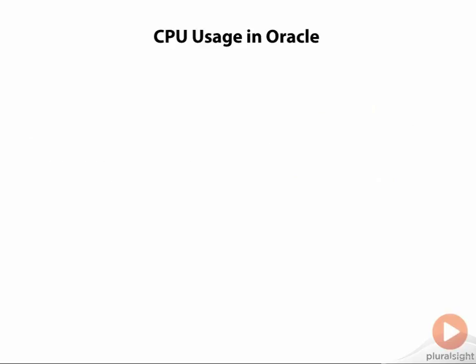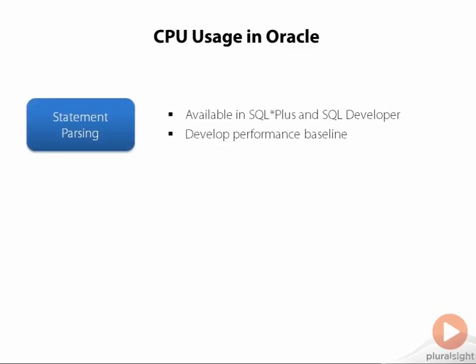There are two main areas where a SQL statement uses CPU resources. The first of these areas is in parsing the SQL statement. Every SQL statement submitted to Oracle must be parsed and have an execution plan created. And as it turns out, this is a CPU-intensive process.